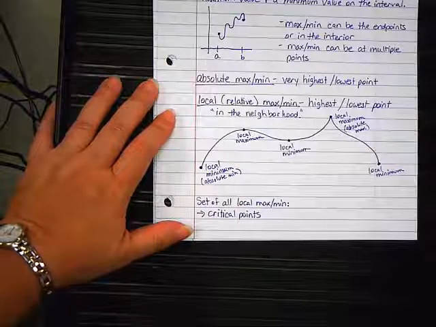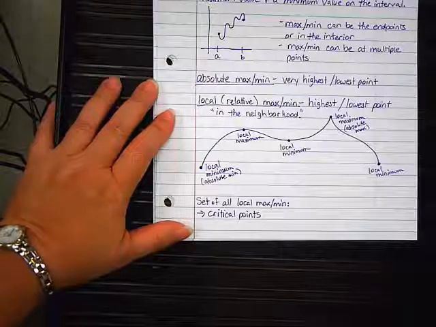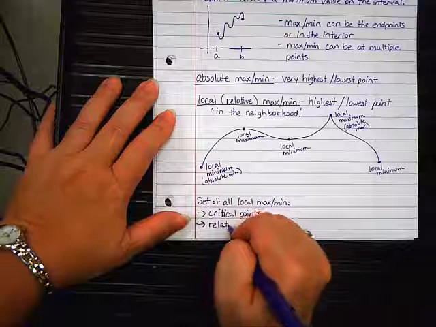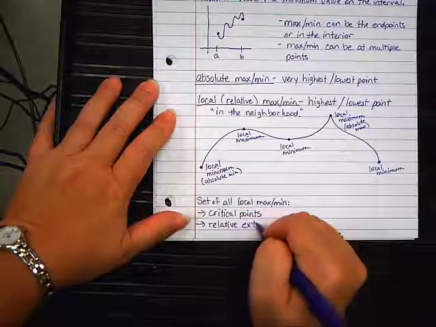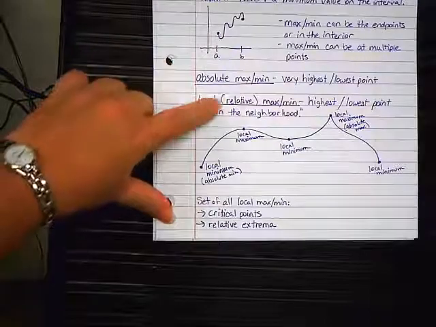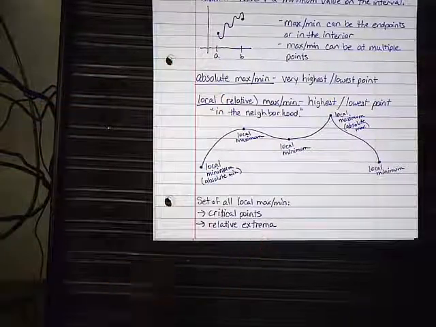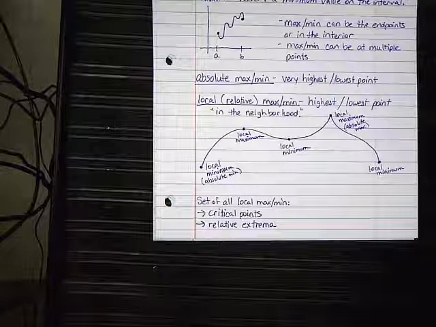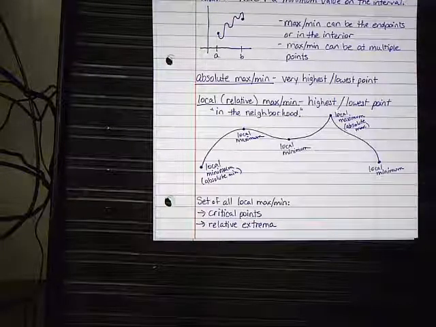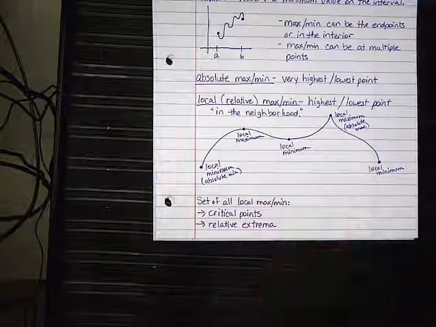That means find all the local maxes and mins. And the second one is relative extrema. Relative as in the word relative max or min, and extrema means maxes and mins altogether. Okay? So both of those phrases mean all those points.